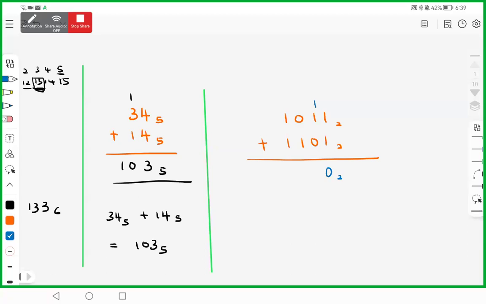Plus 1, still 10. 1 plus 1, still 10. Okay, so what's the next number? 11. Okay, it's like that. So 1011 plus 1101 equals 11000.